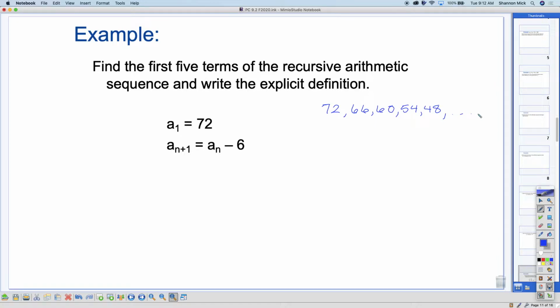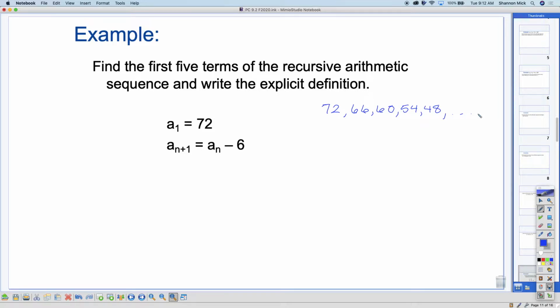Okay, so we're going to have recursive definitions in arithmetic as well as explicit. Would you rather recursive or explicit? Explicit, why? I think explicit's easier because I can plug in whatever number I want and get it out, right?